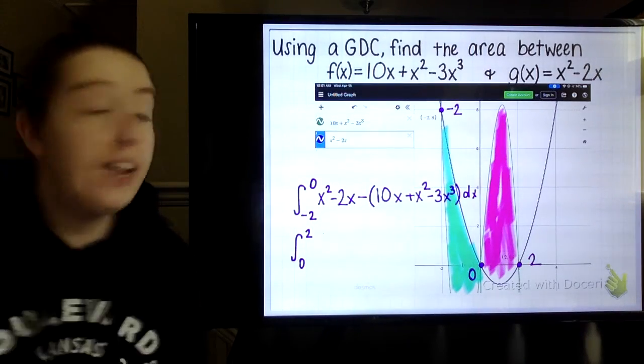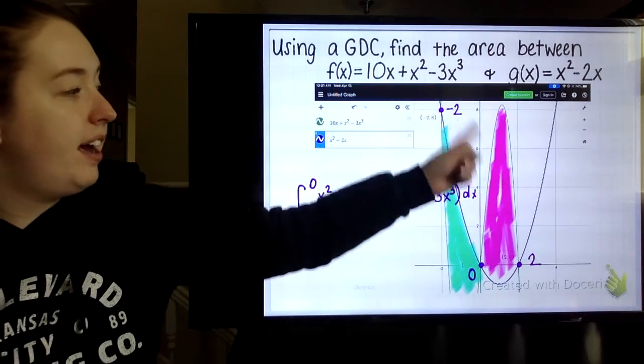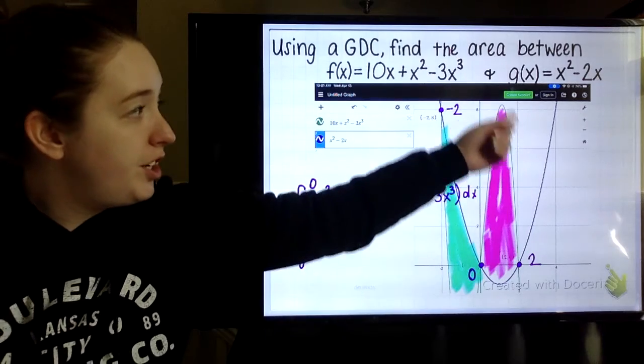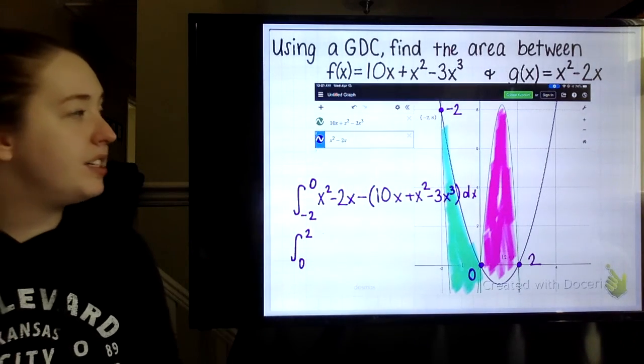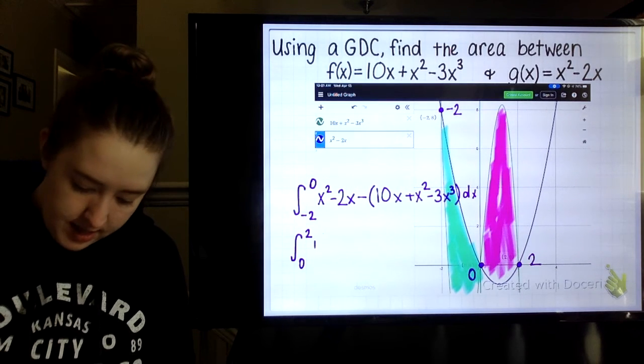And now we'll need another one from 0 to 2 to get the area of this pink stuff. The top function there is my green function, so that's 10x plus x squared minus 3x cubed. That will go on top.